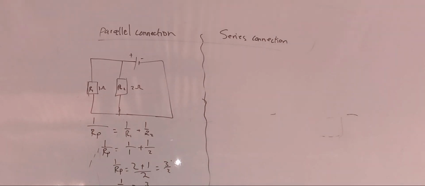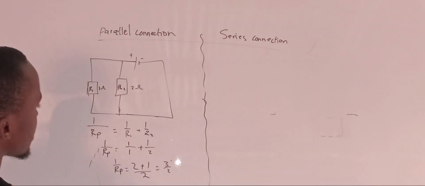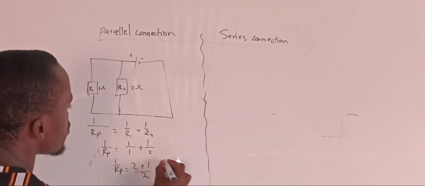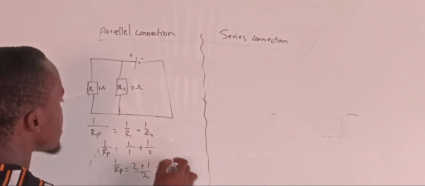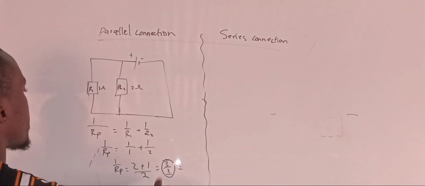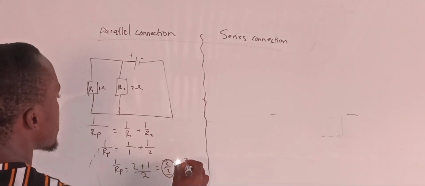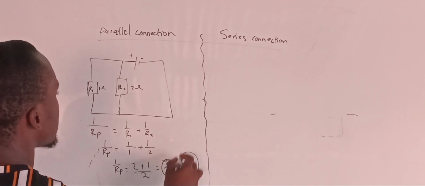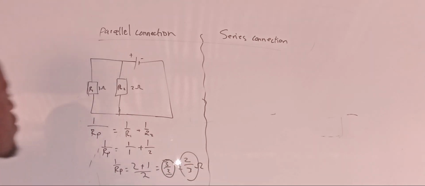After getting this answer, make sure that you reciprocate: 2 becomes the numerator and 3 becomes the denominator. Then you write it not in decimal form, and you write the SI unit for resistance, which is ohms.